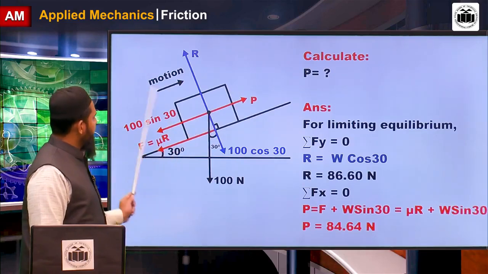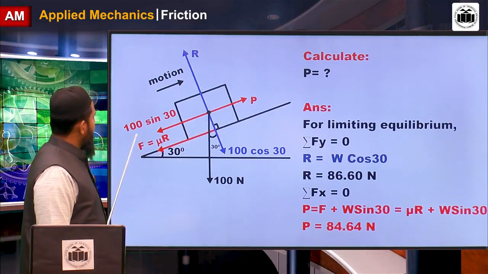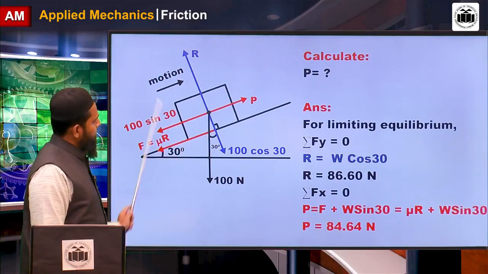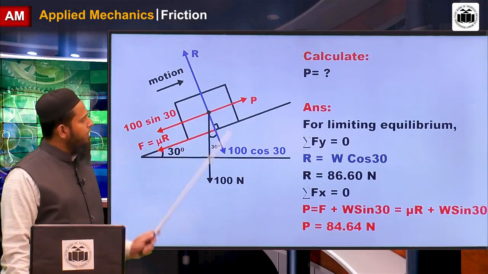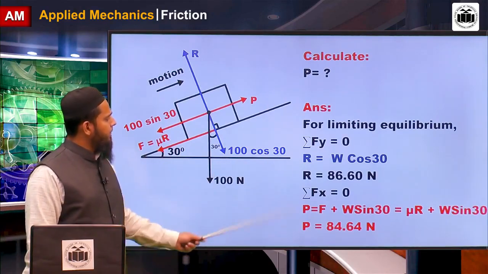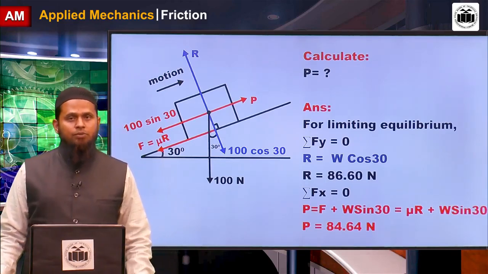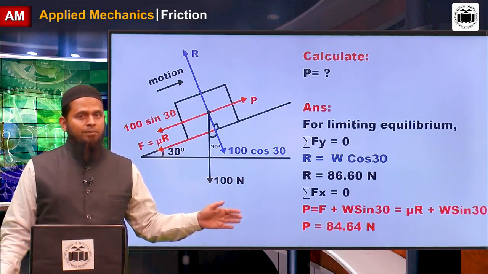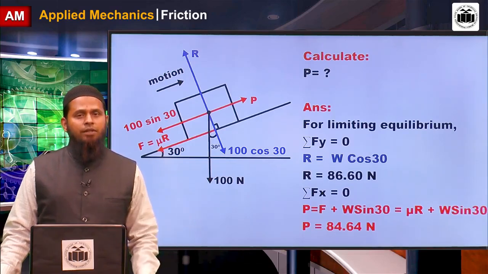Study the motion and draw the direction of frictional force F opposite to that motion. The pull force required just to start the motion in the upward direction is now 84.64. Means what? From the previous problem, between approximately 15 and 84, there is no motion in the block.